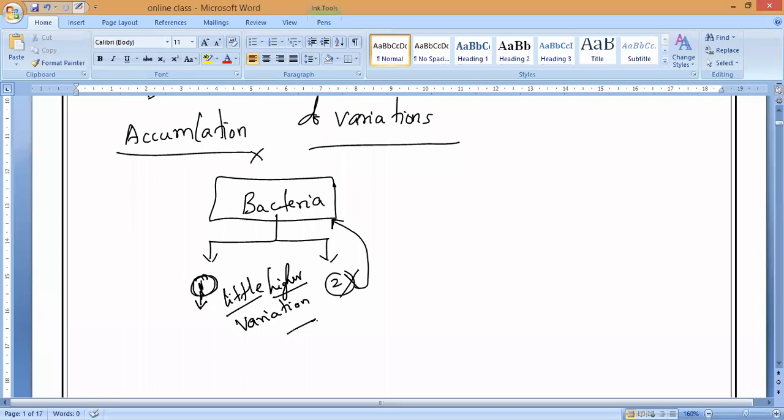Now what will happen from here? Whatever daughter cells come from this parent will all start to tolerate a little higher temperature. They will start resisting, and a little more heat resistance will keep on accumulating.